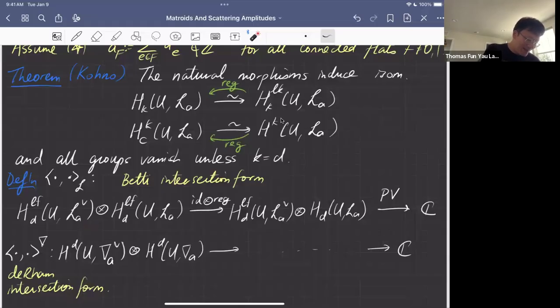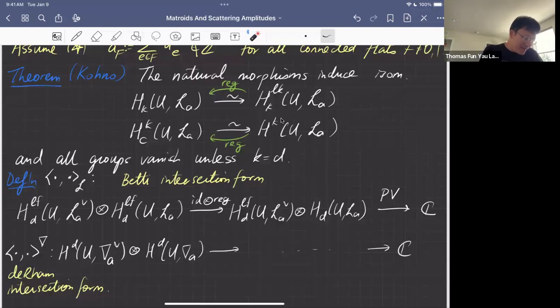I take one of them and apply the isomorphism in the theorem. The isomorphism gives me a map back, which is called regularization. So I take one of my locally finite chains and keep it the same, and my other locally finite chain I make finite by using Kono's theorem. Now I can pair them in the usual way: I take the intersection product, which is this Poincare-Verdier duality.